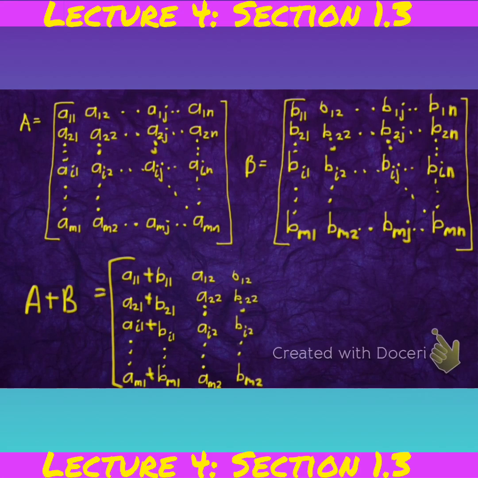So adding those entries separately together, we get the second column of the sum between A and B.